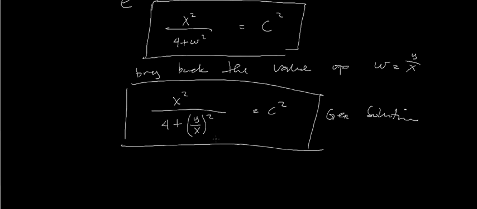If you still want to simplify this, then we have to simplify this part. So we have x squared over this, which will become y squared over x squared, so we have 4 x squared plus y squared multiplying this. Okay, then we have c squared.